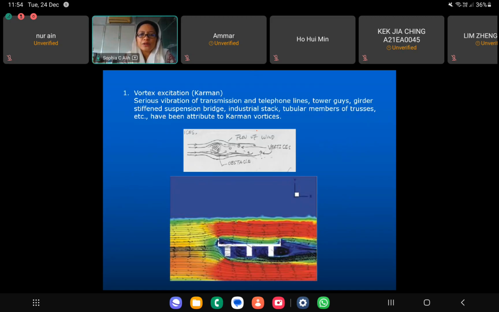Now, this is one example of the vortex, in which they have vortex over here at the back of your structure. And this is the model that you can see using the CFD. This is the example of the bridge that we have modeled using the CFD.